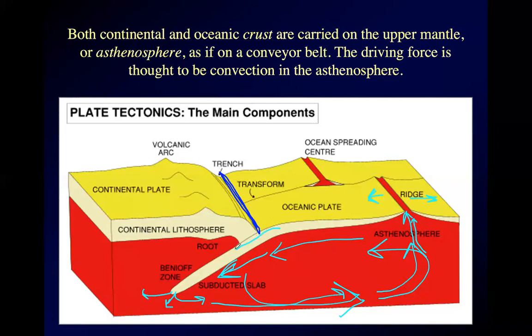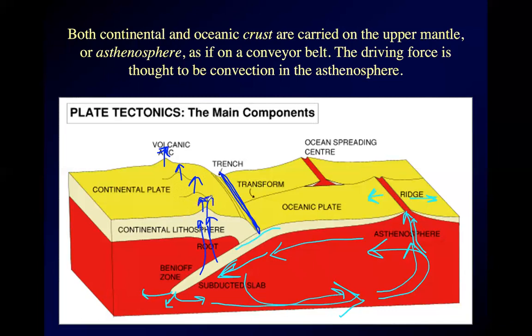Anyway, so you get the trench, and right here as the plate begins to melt, you have liquid rock pushing its way up and creating a chain of volcanoes called a volcanic arc. In some cases, the volcanoes make islands, and we call it an island arc. Indonesia is a great example.